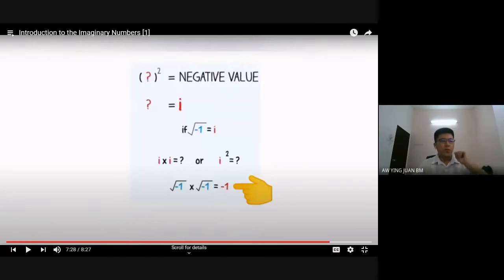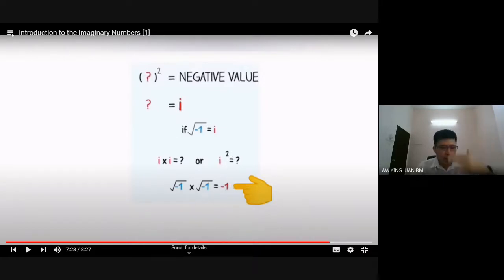Okay, so for this part, kalau boleh catat dalam nota UBP3 ke di mana-mana, tulislah i is equal to square root of negative 1. And then hafal perkara ini: i squared is equal to negative 1.